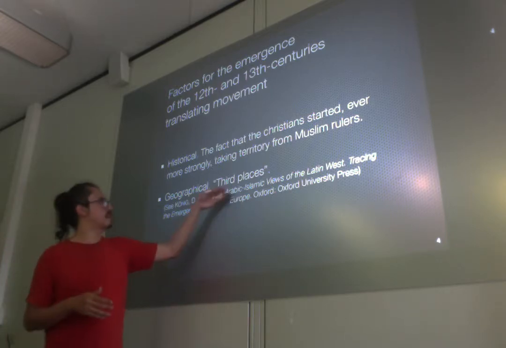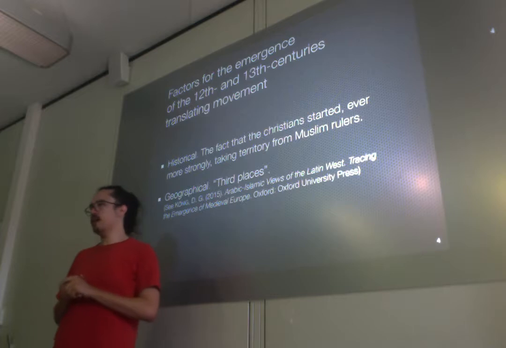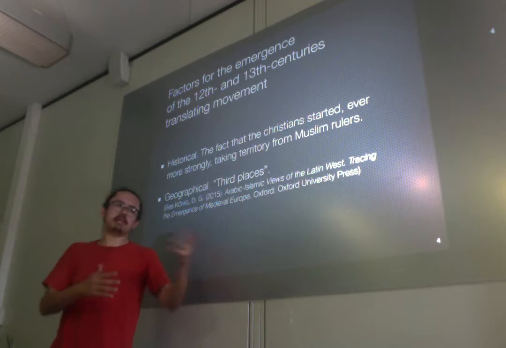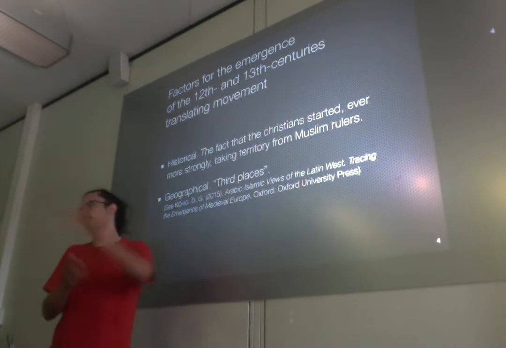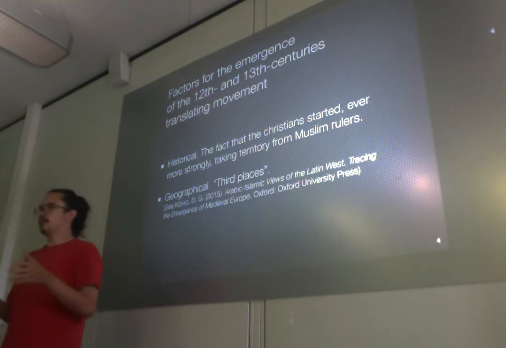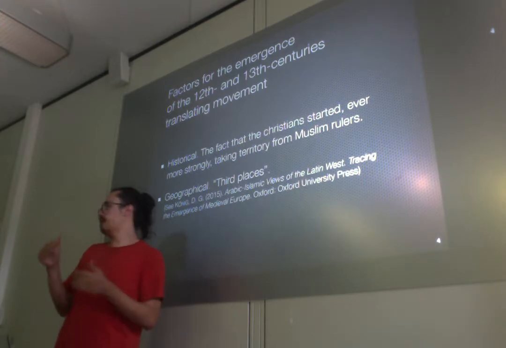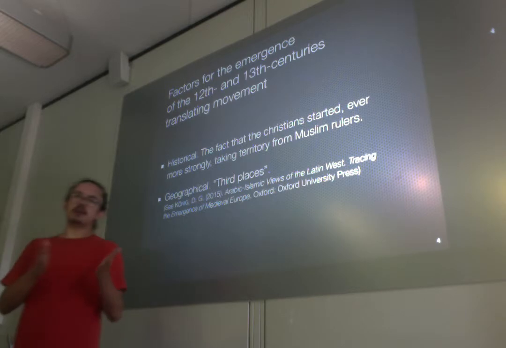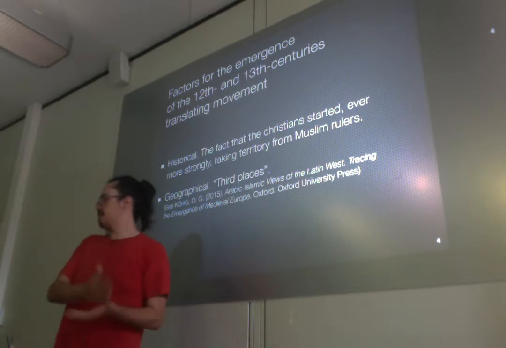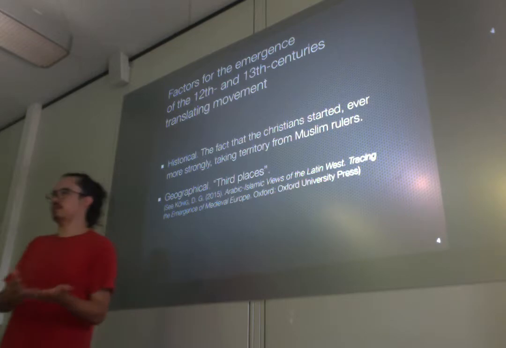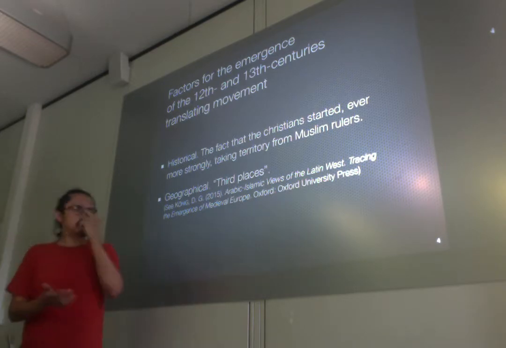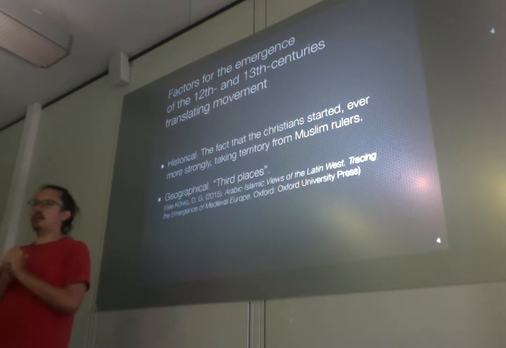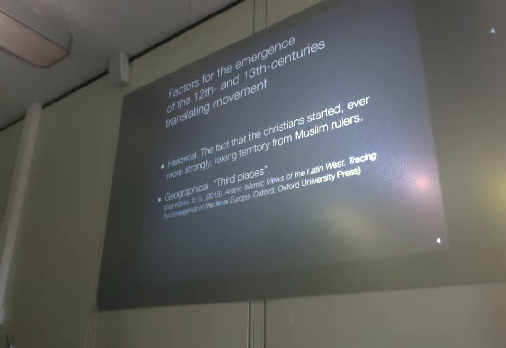So what he styles as third places are places which are not either the Arabic Islamic sphere or the Latin Christian sphere. These third places are mostly bordering regions between the two spheres, and we can see them either in Byzantium, for example, or in the Iberian Peninsula.